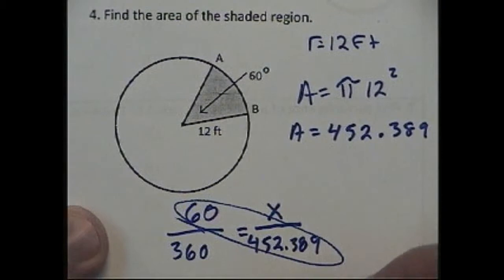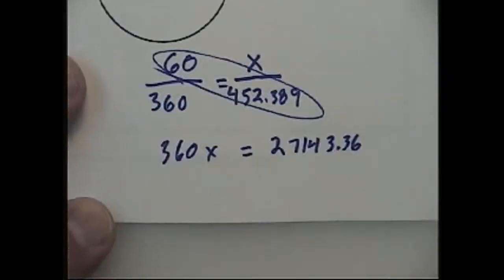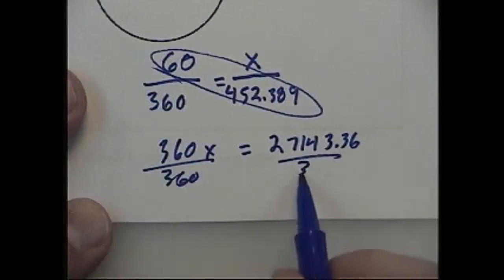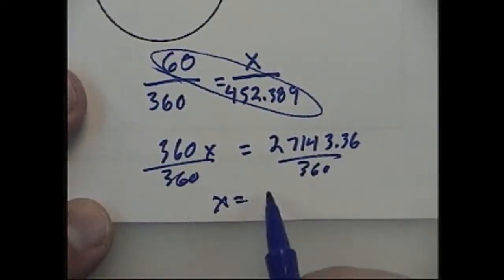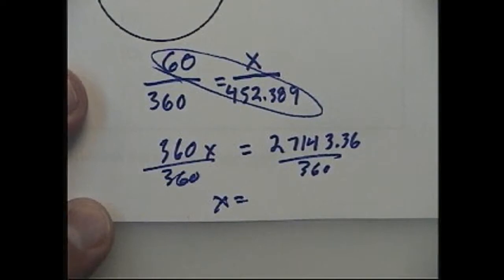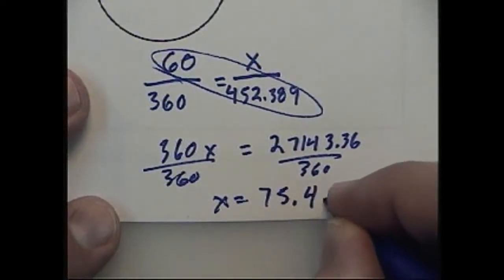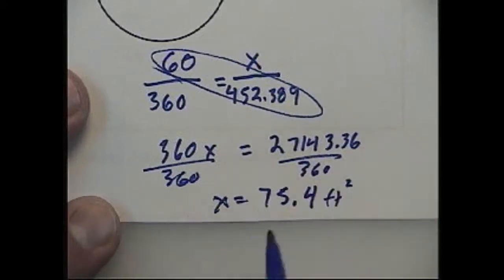This is 27143.36. Cross multiply the other way is 360x. Dividing both sides by 360, I get to my final answer of 75.39, which rounds to 75.4 square feet.